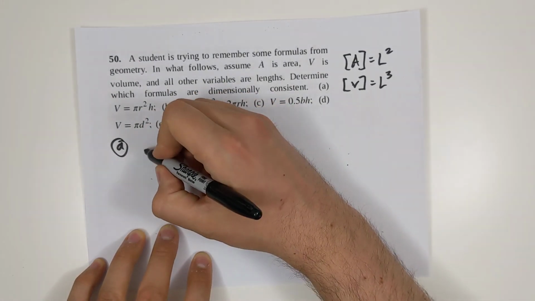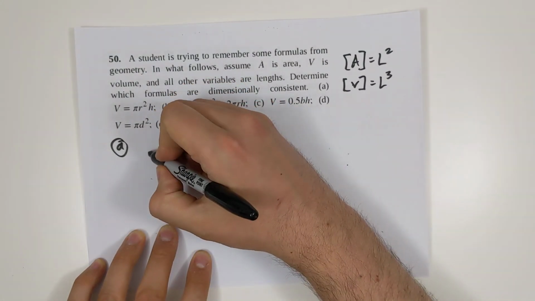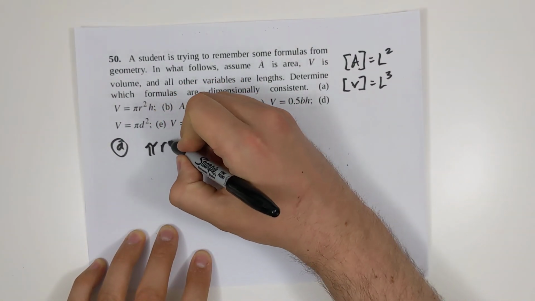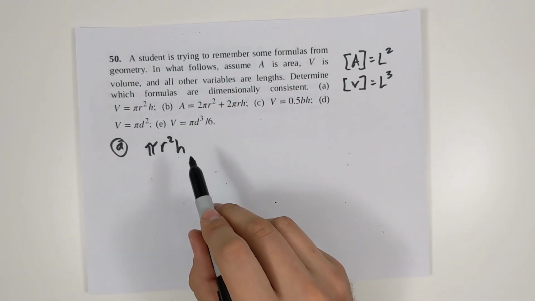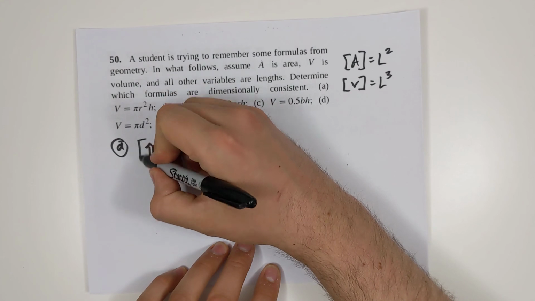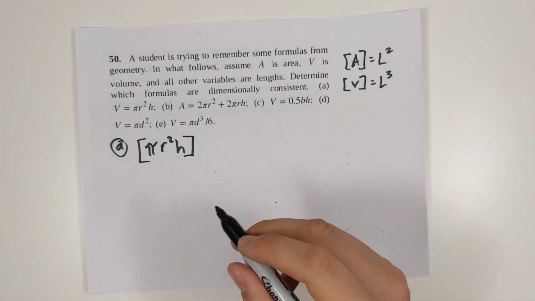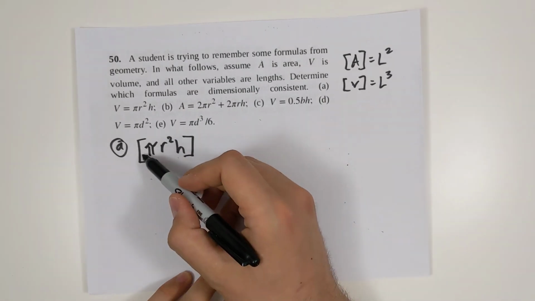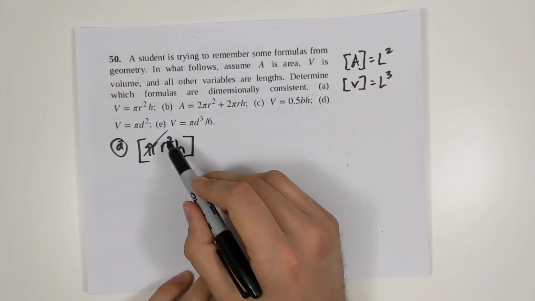They give us V equals pi r squared h. You might not even know what the volume of this thing is referring to. It doesn't matter. We don't even have to know what the shape is in order to analyze it. All we know is we're not going to worry about the pi. We've got r, which we said is a length, squared.